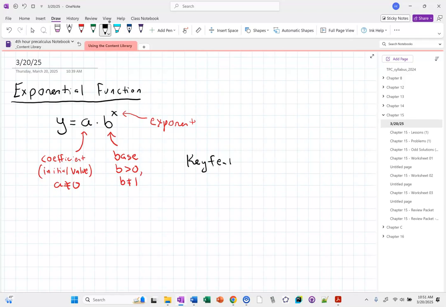Every exponential function of the form y equals a times b to the x has a key feature. They all have horizontal asymptotes at y equals 0.